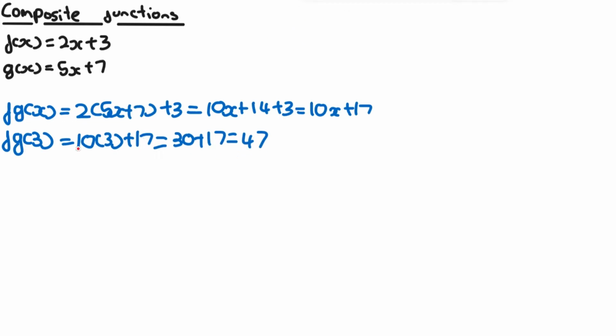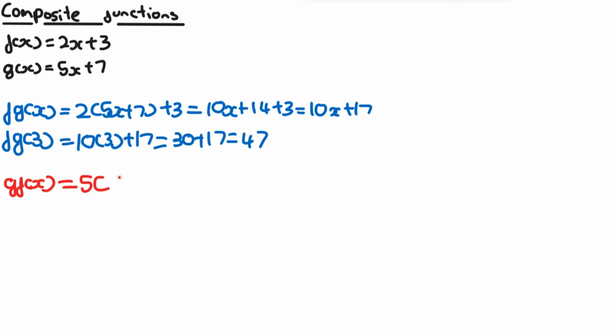If we had to do the opposite, if we had to find the composite function gf of x, this means that we will replace every x in g of x with f of x. Again, another way to write this is g of f of x. So gf of x would be equal to, so g of x is 5x plus 7, so it would be 5, but we replace x with 2x plus 3.